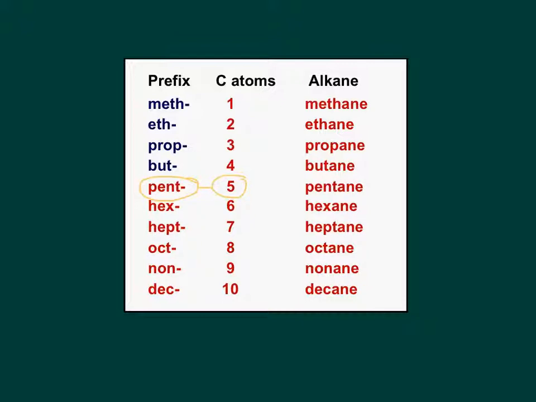Now it was an alkane that we were looking at, so that gave me pentane on the previous slide. However, the end will change depending on the functional groups I have present. This is the one you've got to know really well, so make sure you learn that table.